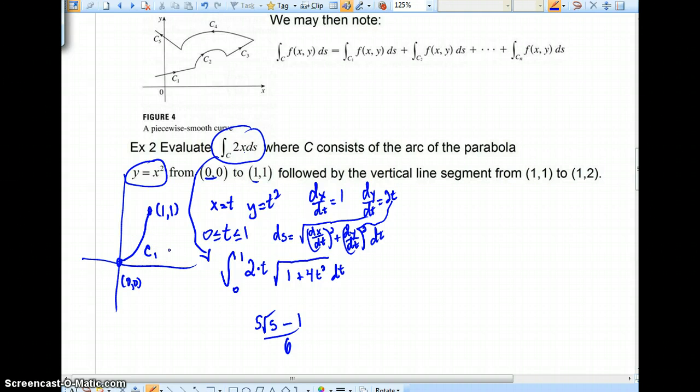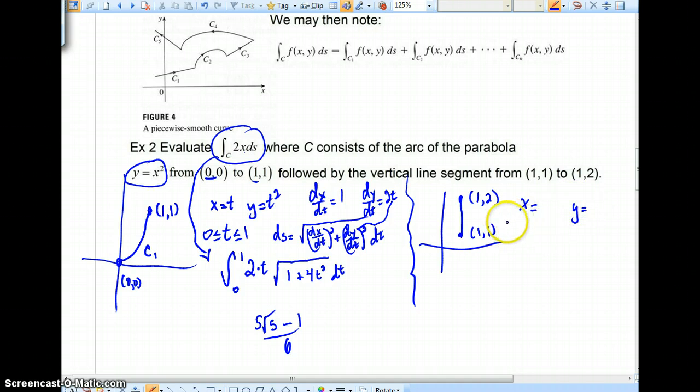It's the parabolic part, and there's a second component, and that's a vertical line segment from (1, 1) all the way up to (1, 2). Now from here, again, getting the parametric equations might be the most important part, and the part that's going to take a little getting used to.